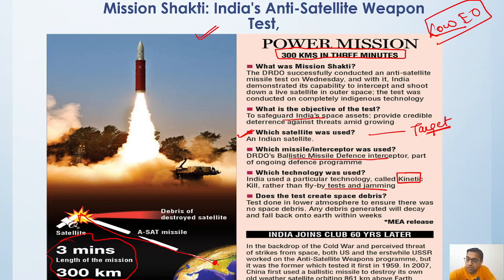Historically, during the Cold War, the USA and USSR were working on anti-satellite weapons and tested around 1959, and in 2007 China used a ballistic missile to destroy its own weather satellite at around 861 kilometers. India has utilized this at a lower Earth orbit.